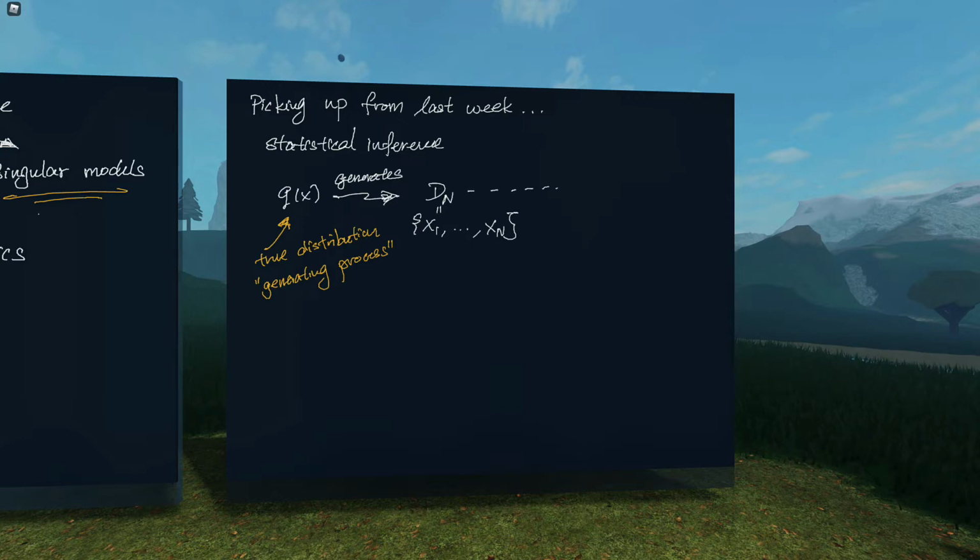And then through some learning process, something that we shall call p hat is produced, which is supposed to be an approximation to the truth, to the true distribution.